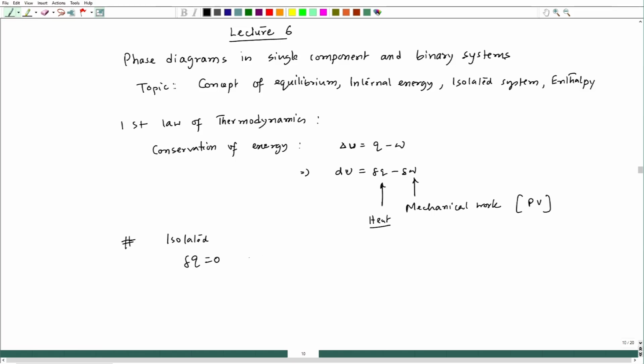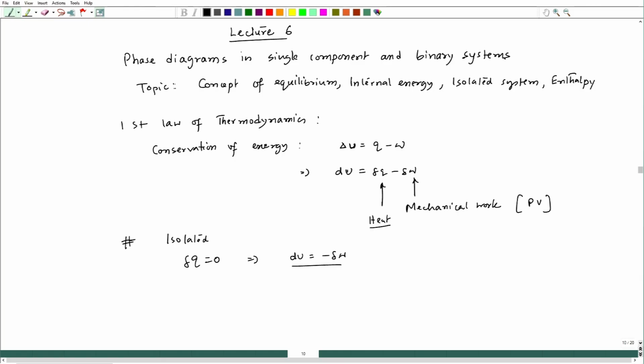So, now my equation turns out to be dU equal to minus del W. And here whenever we have this minus sign, as we have considered in our last lecture, when the system does work, that W will be positive, and when system absorbs heat from the surrounding, that Q would be positive. So, in that concept this particular equation was built up.